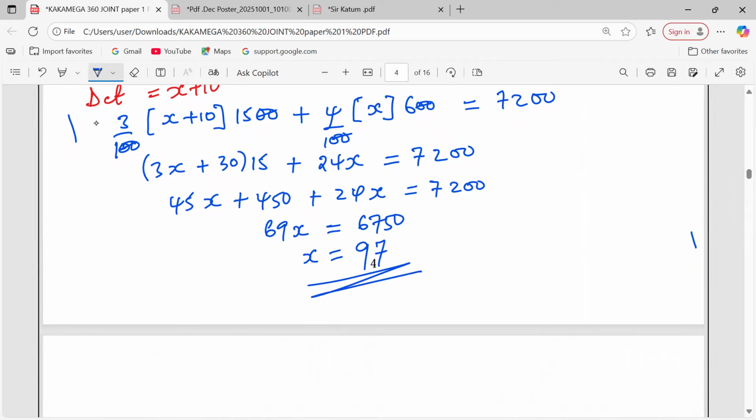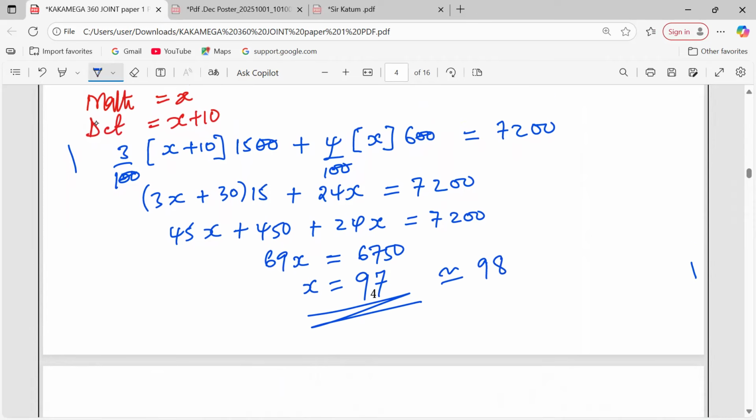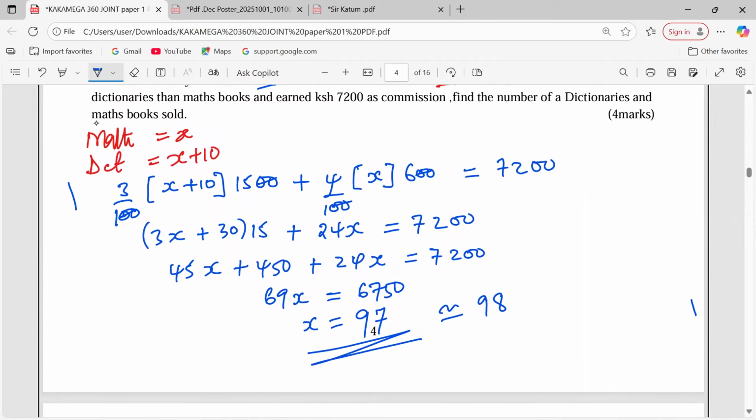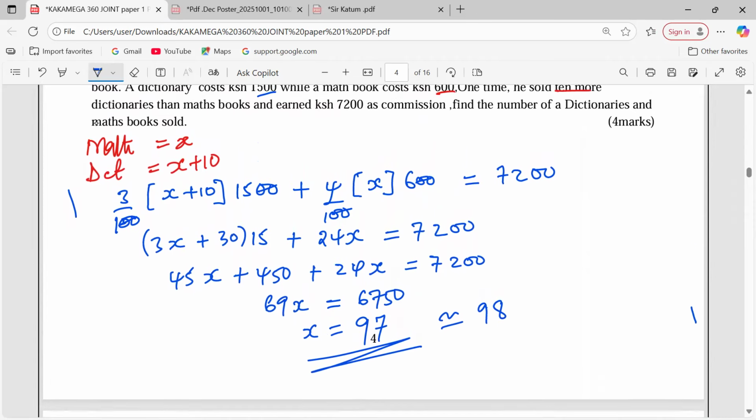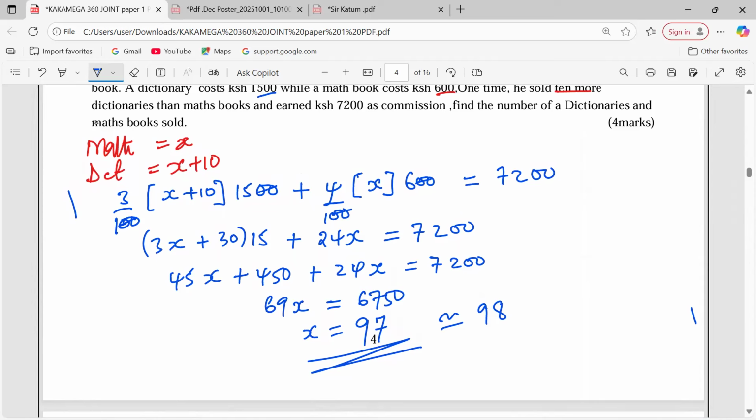Yeah, 97, which, because it's 0.8, you can say 98. 98 math books. Determine the number of dictionaries and math books sold. So this is the math books.